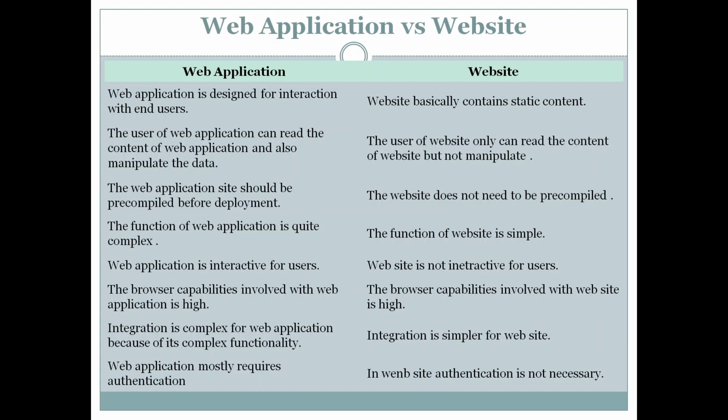In websites, there is no such authentication required. To access a college website, there is no need to use a username and password. You can simply go to the college website by typing its URL and you can view the information which is presented there. Okay, so this is about the difference between web application and website.